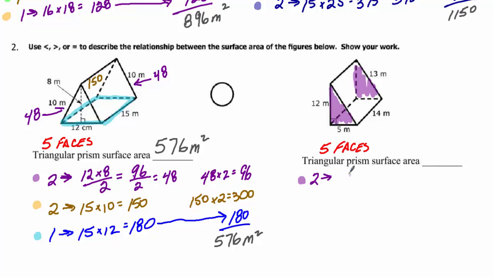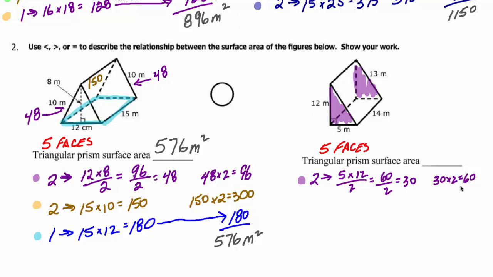So we have 2 faces, and each of those faces is base times height divided by 2. So 5 times 12 divided by 2, which is 60 divided by 2, which is 30. And I have that 30 twice, so I have 60.